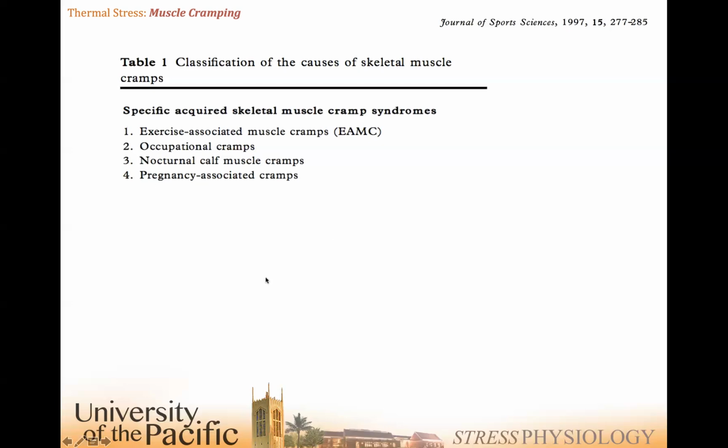Pregnancy associated cramps. There are different causes in some of these things, and it's so much easier to test exertional or exercise associated muscle cramps because you just have people exercise a bunch, put people in different environmental conditions, or when people start cramping in a marathon, oh, let's test you right now.